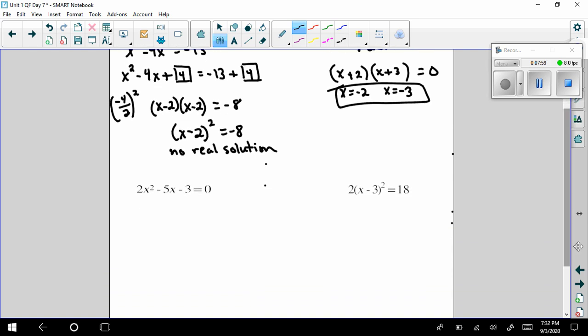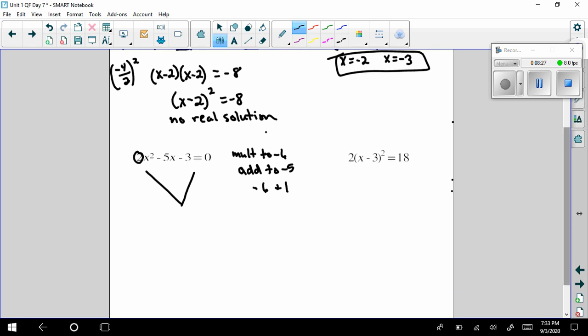Okay, another one where I have all three terms. So can I multiply to -6 and add to -5? And the answer is yes. I can use -6 and 1. So since this one has the 2 in front of the x squared, I'm going to go to that Algebra 1 method called the M method.